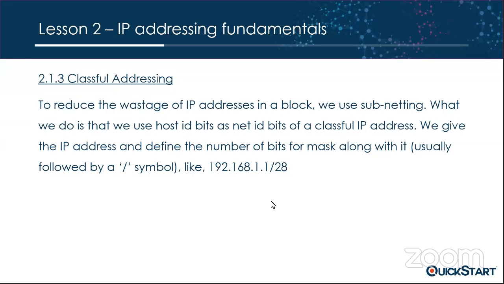So 192.168.1.1 would have the subnet mask 255.255.255.240. Let me write it down here. I'm not good at writing, sorry.